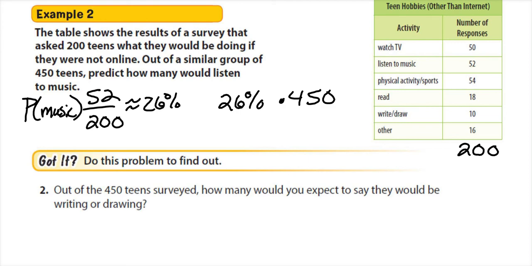I think I said 200. 450. And we should get 117. All right, and that's it. So 117. Okay, so you'll find the probability of what the experiment said, then you're going to multiply by the new population. Okay? All right, and then let's try the last question by ourselves.